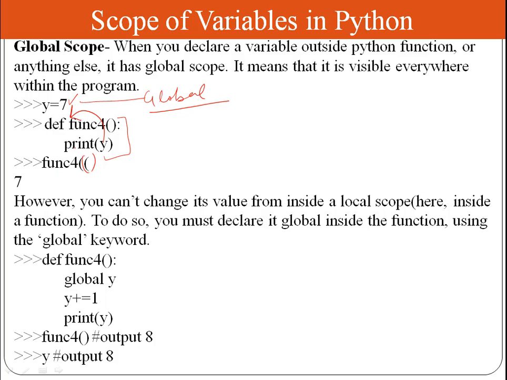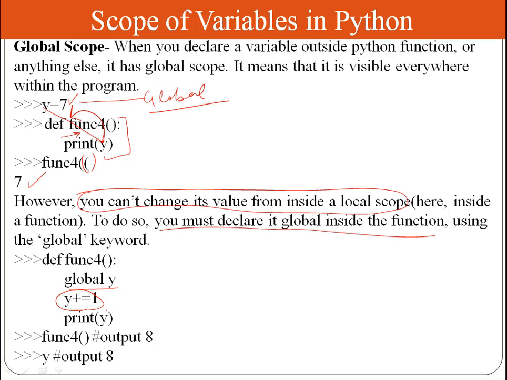However, you can't change its value from inside a local scope. To do so, you must declare it global inside the function. So you write global y, then you change the value of y and display it. When you execute it, the output will be 8.